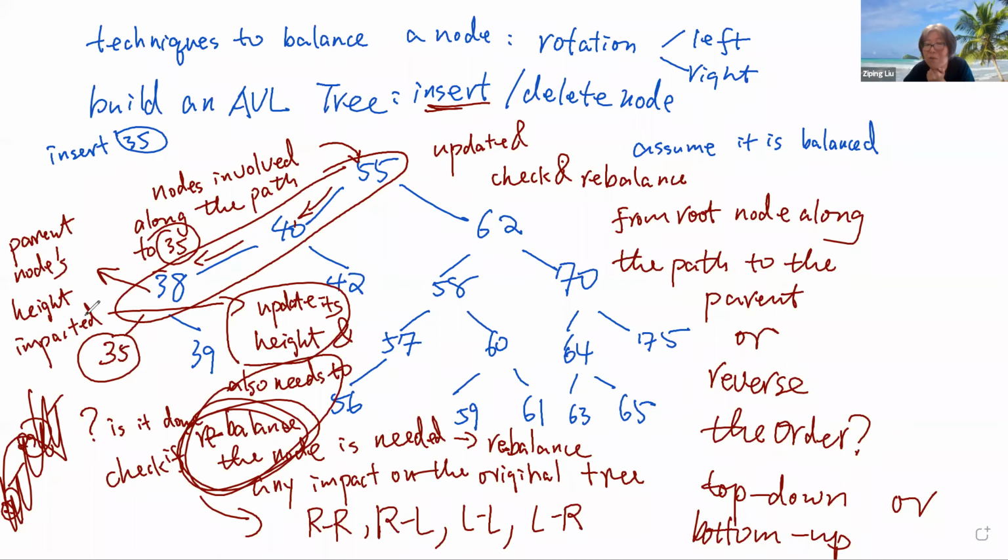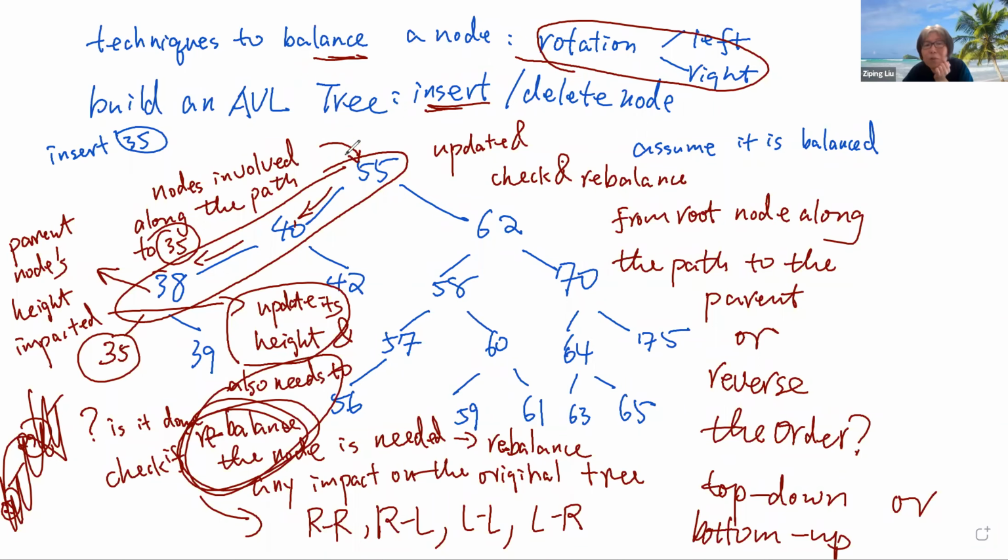Because you add the node first, then you update its parent, then you update 40, then you update 55, to propagate back to the root. So you cannot do top down. Because if you recall, whenever we do those rotations to balance the node, we're going to bring something up, bring something down.